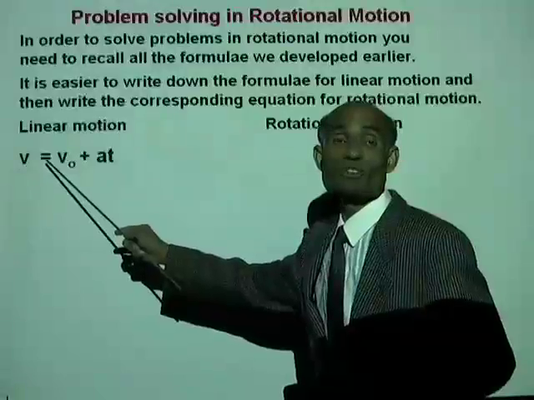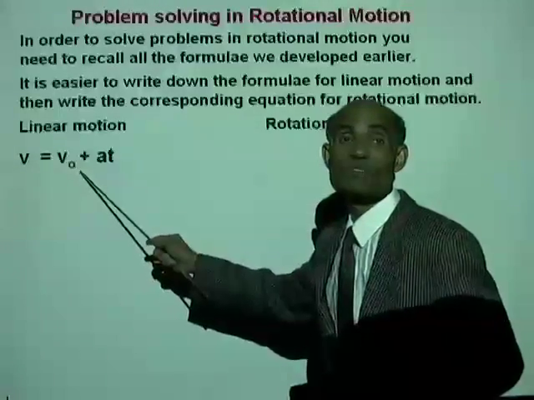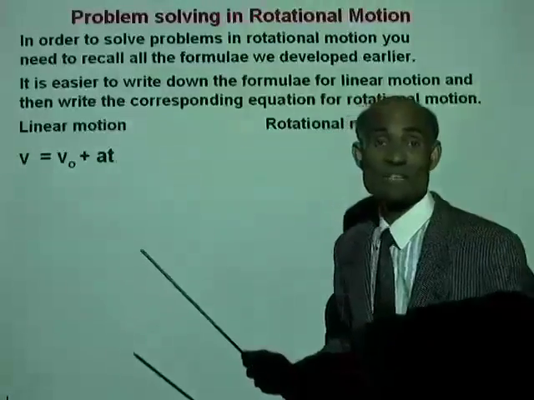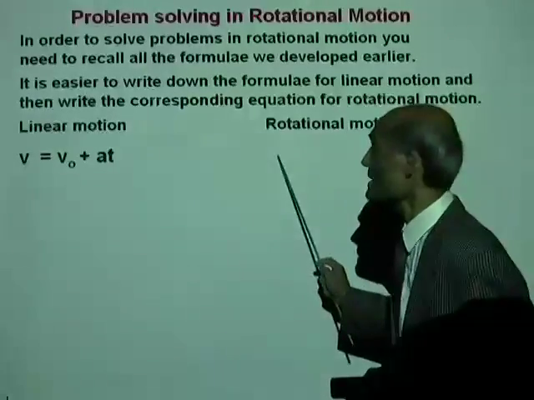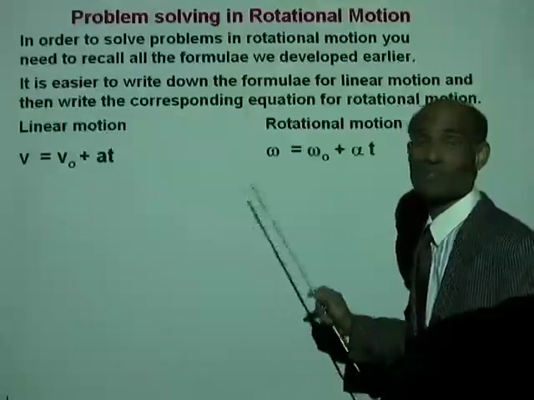For linear motion, v equal to v0 plus at is our first equation of motion. How does that translate to rotational motion?